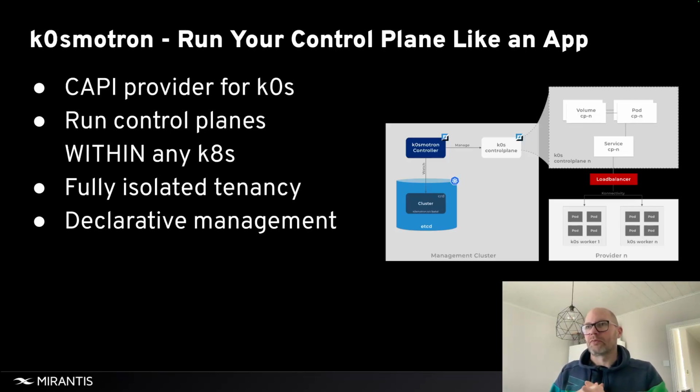One of the things that Cosmotron has is two different control plane providers for CAPI. One is the hosted control plane way, where we run the control planes in pods within the management cluster. And the other one is the more traditional way of running clusters with virtual machines on say Amazon or Google Cloud or whatever cloud provider you have at your hands.